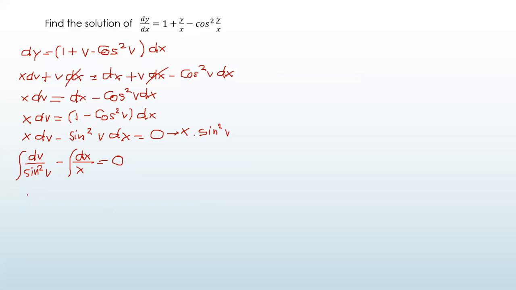So it becomes better if I write here the integral of dv over sine squared phi equals 1 over cos squared phi over sine squared phi over cos squared phi dv.